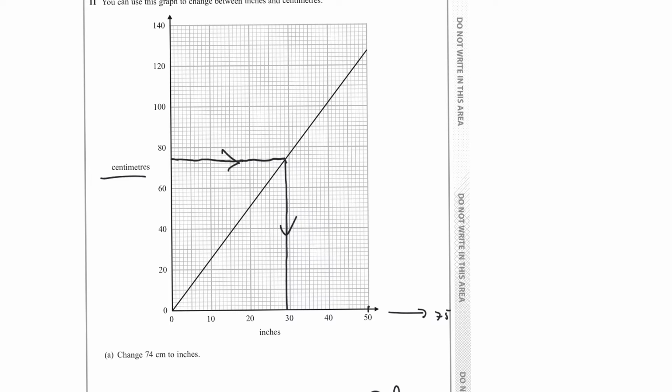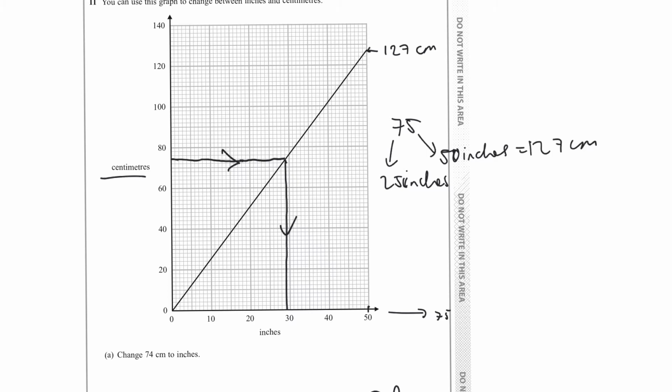So what we can do is we can split up 75 into 50 and 25 inches. And by doing that, you can then use the graph to work out what 50 inches is equal to in centimeters, and what 25 inches is equal to in centimeters. So 50 inches, having a look at the graph, it hits there at a value of 127 centimeters.